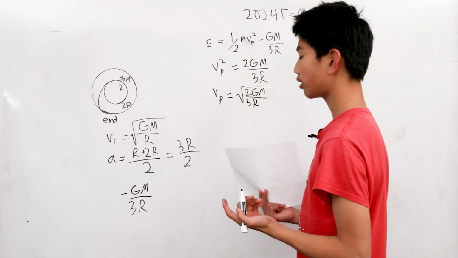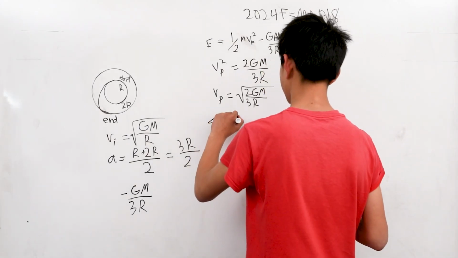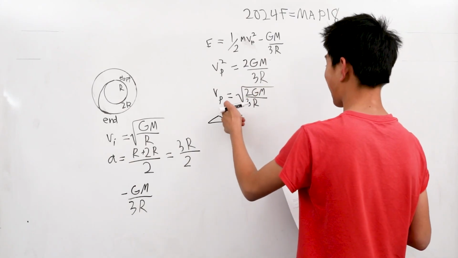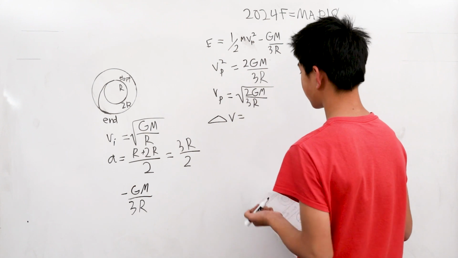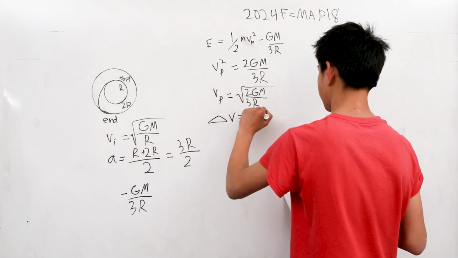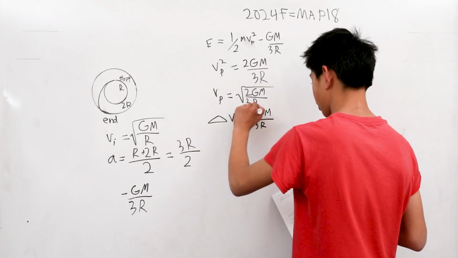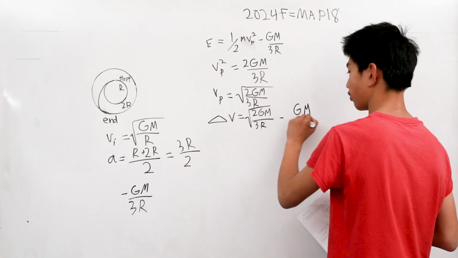Now we want to find the total change in our velocity, so delta v is simply the velocity after the burn minus the initial one. So this is the square root of 2GM over 3r, minus the square root of GM over r.